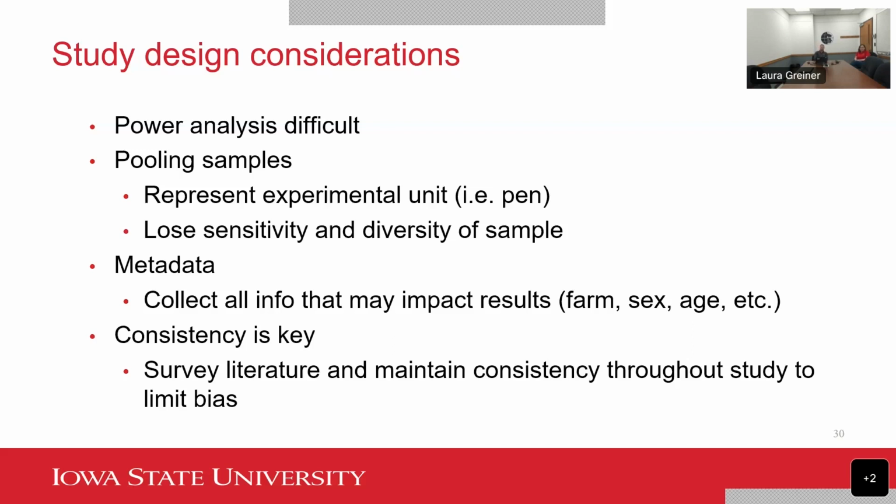It's important to collect all the possible info that may have an impact on your results, so things outside of just treatments: what farm you sampled from, the sex of that pig, the age of that pig, and those sorts of things. Last, consistency is really key here. Make sure you're staying consistent in your methods, your sample collection, and storage times, to make sure that you're not causing any unintended consequences to the results due to things outside of your variables of interest.